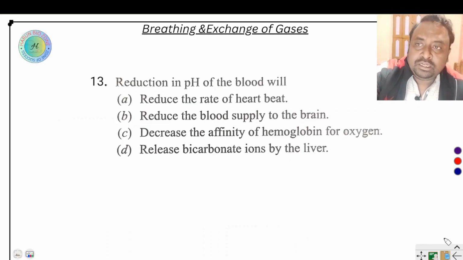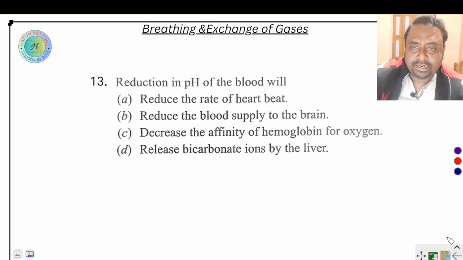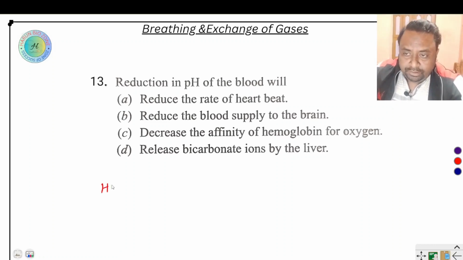Next question: reduction in pH of the blood will reduce the rate of heartbeat, reduce the blood supply to the brain, or decrease the affinity of hemoglobin for oxygen. Suppose hemoglobin combines with oxygen to produce oxyhemoglobin.